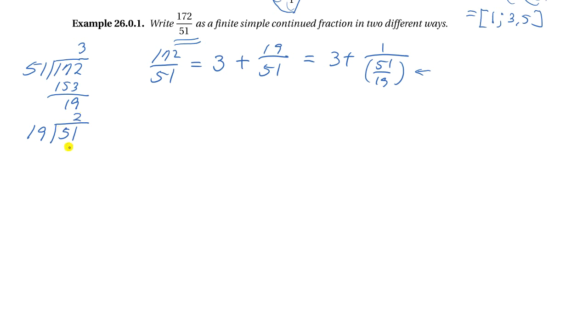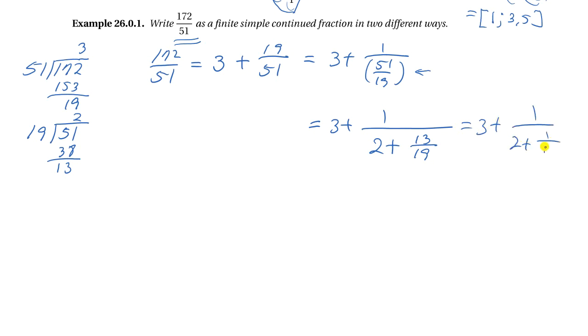Then right now, by 2, it's 38, and the remainder is 13. So by that we have 1 over, that is 2 plus, now you can say, yeah, the remainder is 13 and the divisor was 19. You can write down that one. But we know this should be 3 plus 1 over 2 plus 1 over 19 over 13, right?